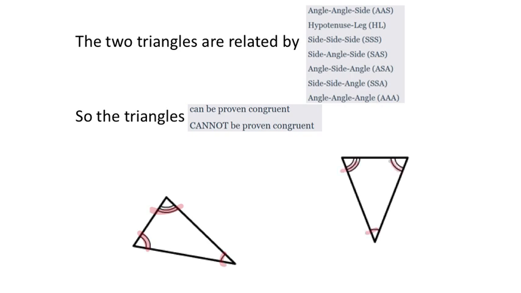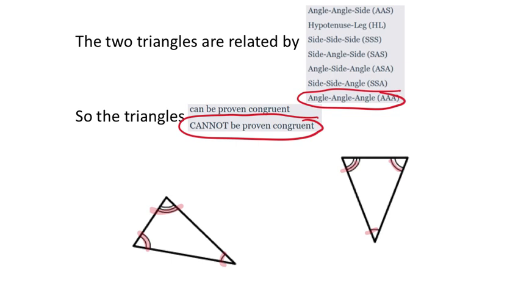So all three angles are congruent, but just like we saw a couple slides ago, an angle-angle-angle relationship would not give us congruence. So on your drop-down list, you're going to have to choose this one because it is angle-angle-angle. But angle-angle-angle is one of those that cannot be proven to be congruent. Now again, could they be congruent? They could, but we can't prove that they are just with this information.